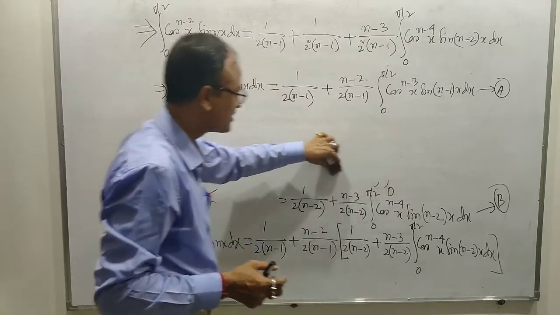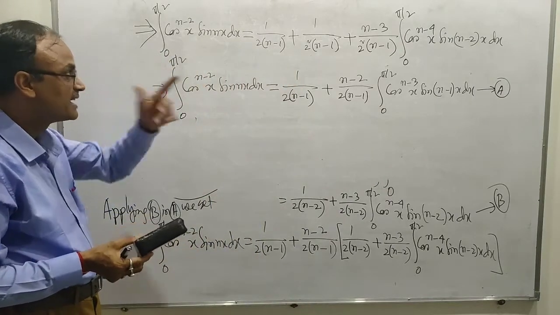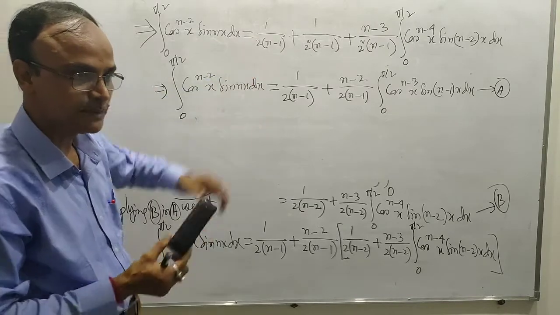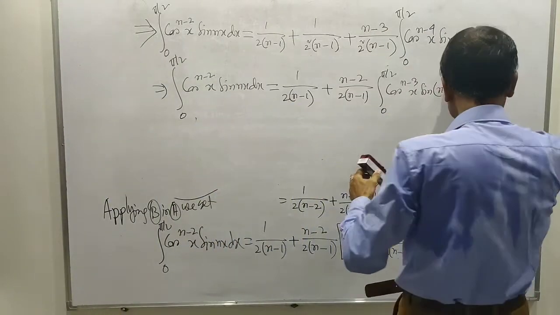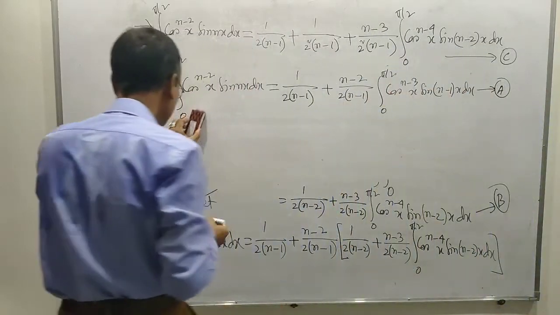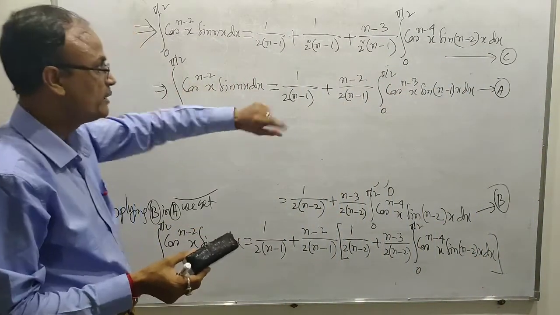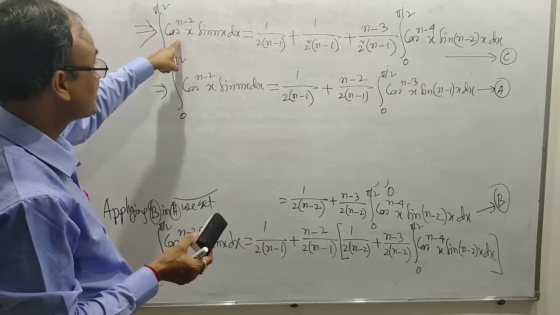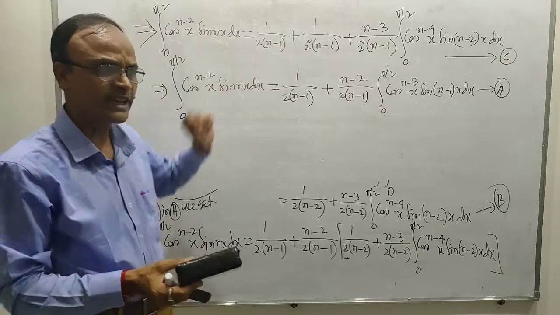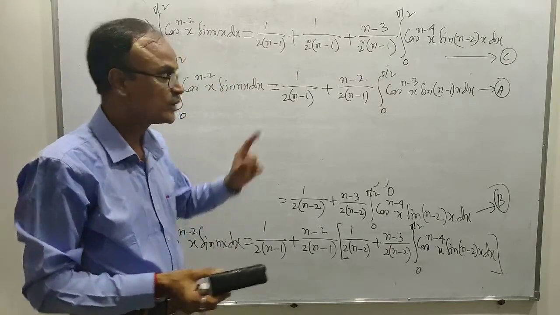Perhaps you have understood this. We will mark it as number C. Now, in C, you will get on the left hand side cos x whole to the power n minus 2 sin nx.